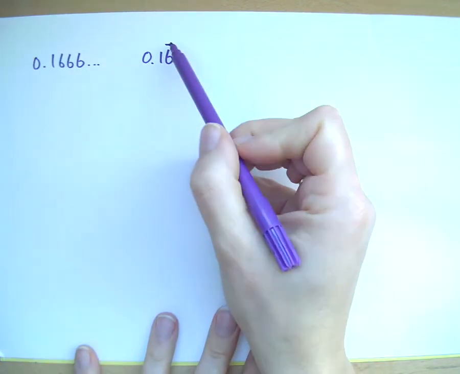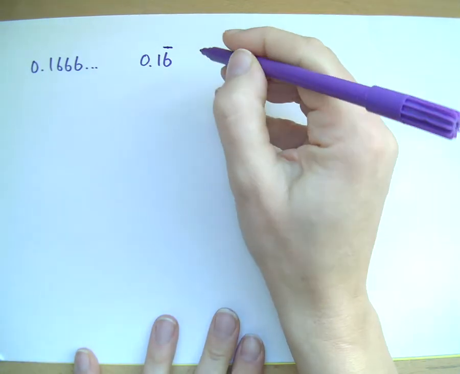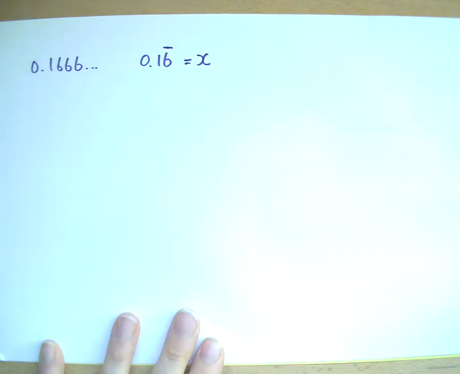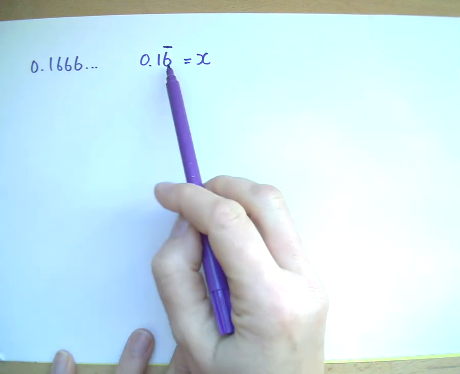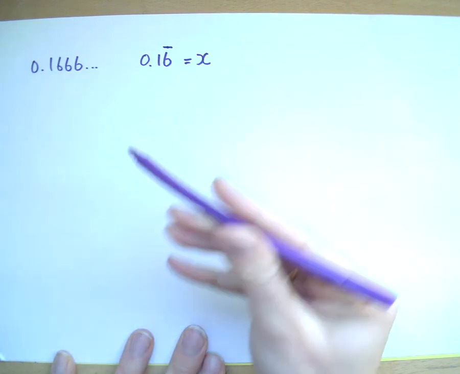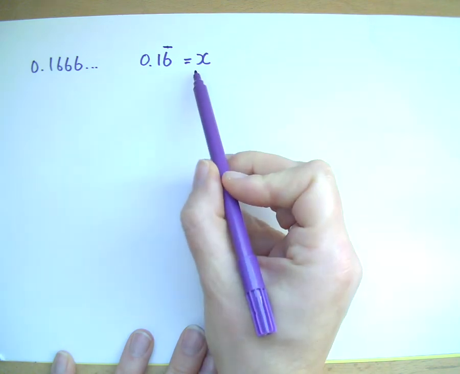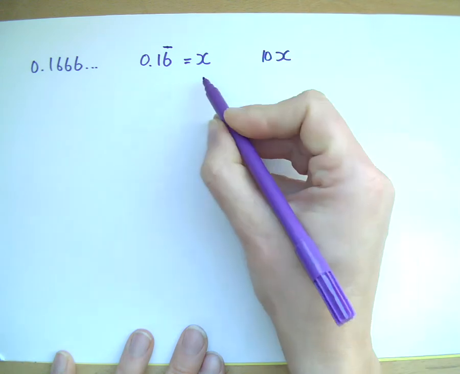Okay, we're going to write this number as a fraction. Let's first call this number x. Now, there's one decimal that keeps repeating itself. It's the 6, right? We're going to multiply this number by 10. So we're going to calculate 10x, right?